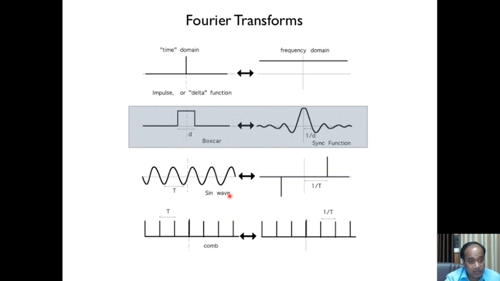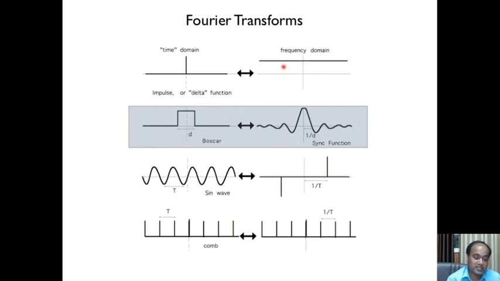Just to recapitulate what you have been studying in your classes about the Fourier transform: if you have certain things in the time domain, you can convert them to the frequency domain. For example, the first one shown here is a delta function. If you do the Fourier transform of a delta function, in the frequency domain it consists of almost all the frequencies.